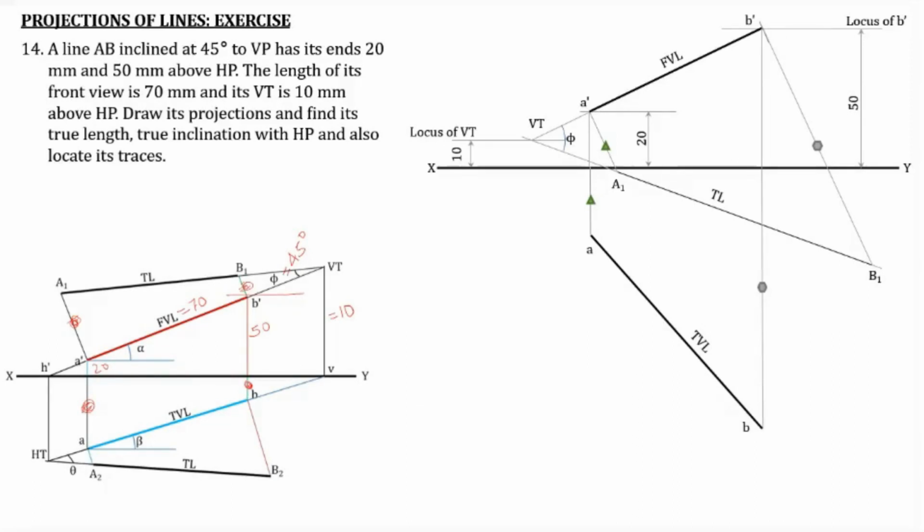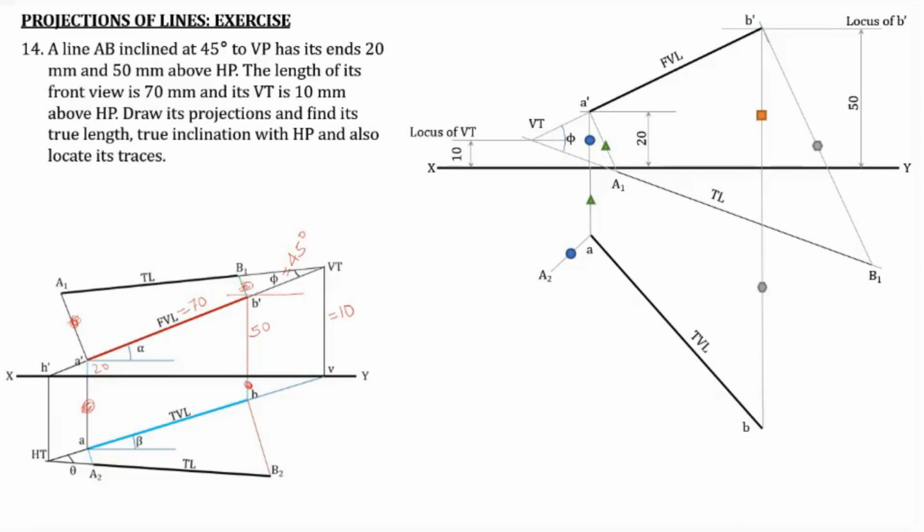Now in order to get the true length line in the top view, the distance of A dash from XY line, that is this blue circle, the distance marked by this blue circle is taken, and that particular distance is marked here. This is the perpendicular to AB, and the distance of A dash from XY line is marked on that perpendicular, and thus you will obtain the point A2.